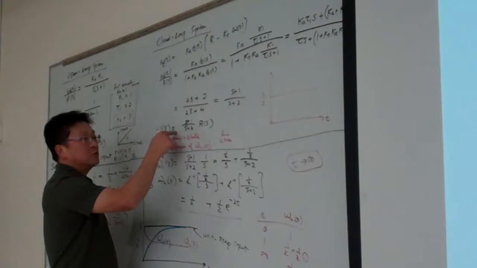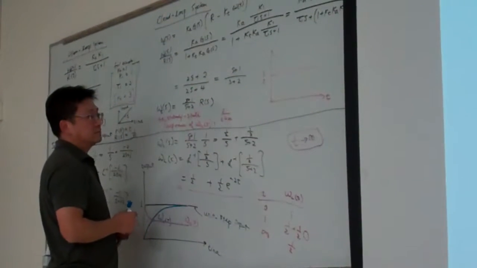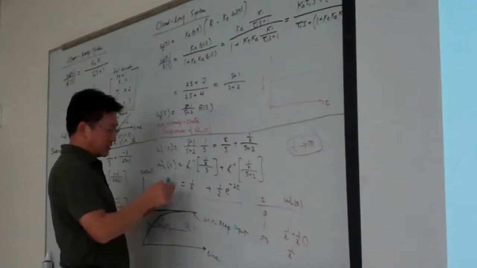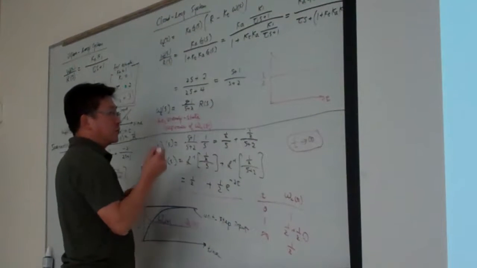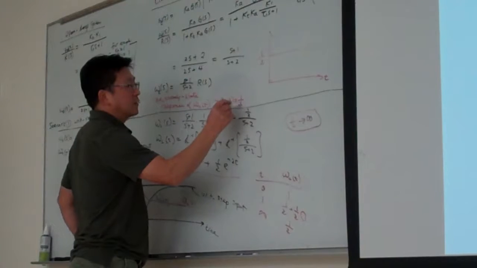To this step, once you have a transfer function, then you can proceed. And let me be more precise here. And the response to r is equal to 1 over s here. Okay.